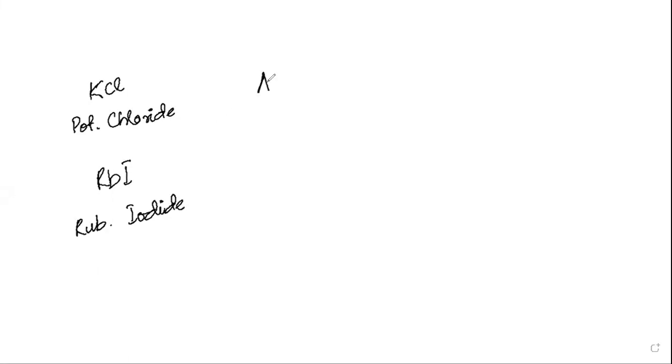What if I change it and use a polyatomic ion instead? Aluminum sulfate. Aluminum sulfate, very good. So what if I use a transition element with it too?